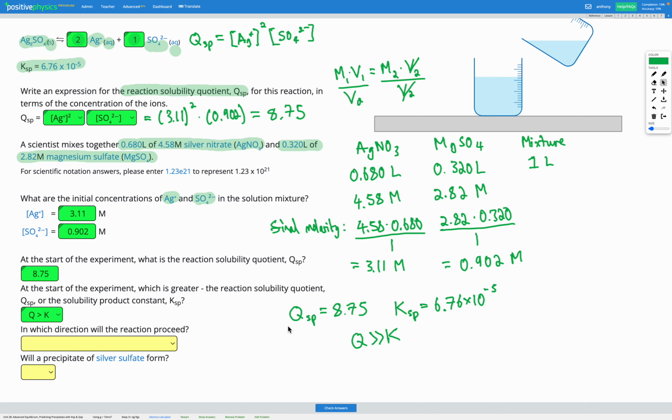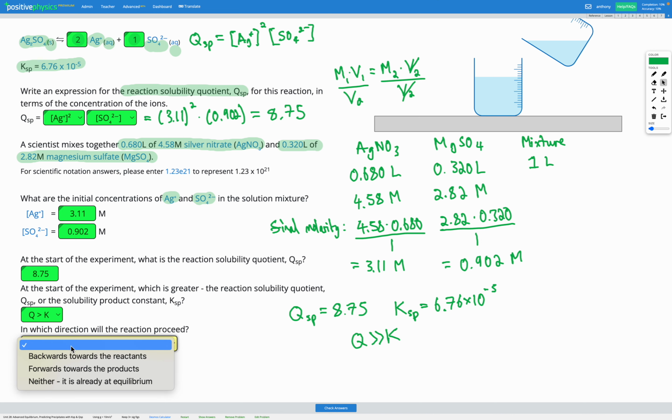Now Q changes throughout our experiment, and if the reaction is left to run its course, eventually Q will equal K when the substance is at equilibrium. So Q is going to need to decrease until it reaches K. In order for Q to decrease, we need our reaction to be overall happening in the backwards direction so that we're reducing the concentrations of our products, which are in the QSP equation.